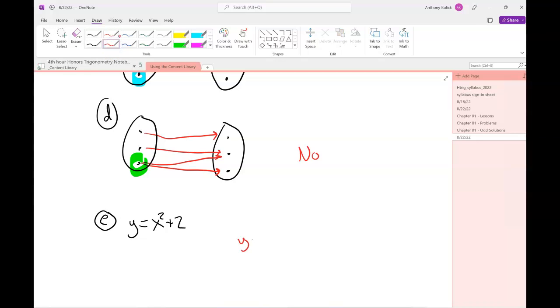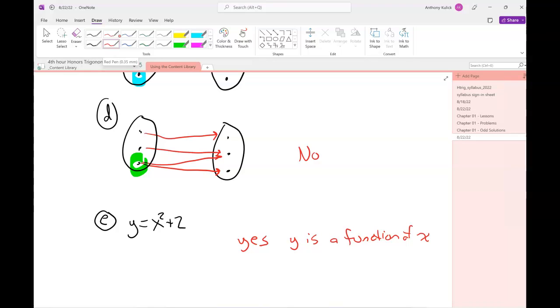So we'd say yes, and I would say that y is a function of x, but do we know that y is the dependent variable and x is the independent variable from the way this is written? That's just our assumption, right?